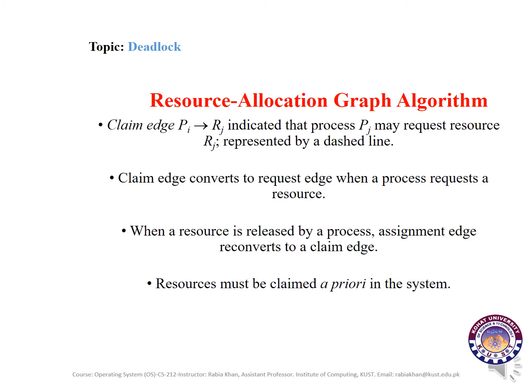When a resource has been utilized and released by the process, the assignment edge then goes back to a claim edge. As mentioned earlier, deadlock avoidance requires some information in advance. So the claim to resources should be submitted before a process starts execution.